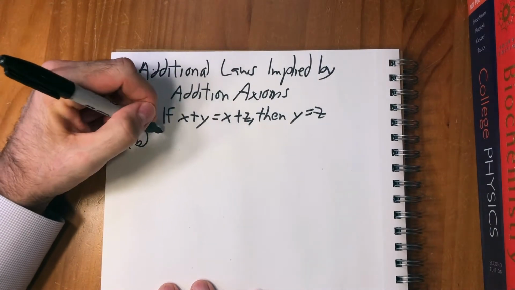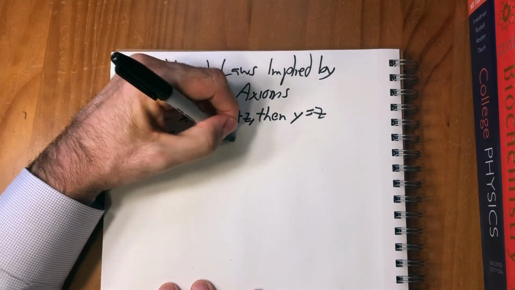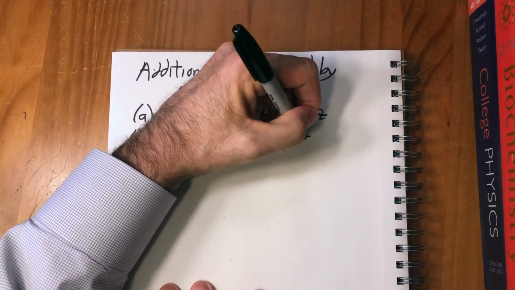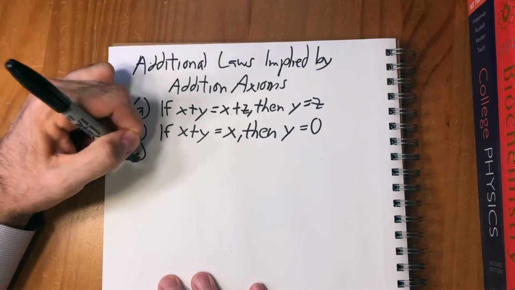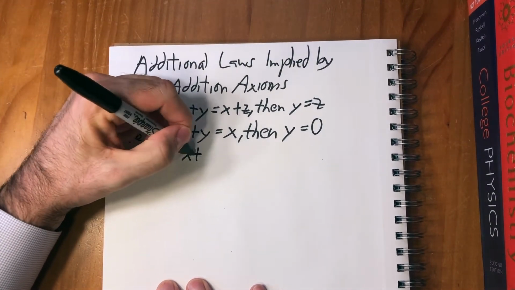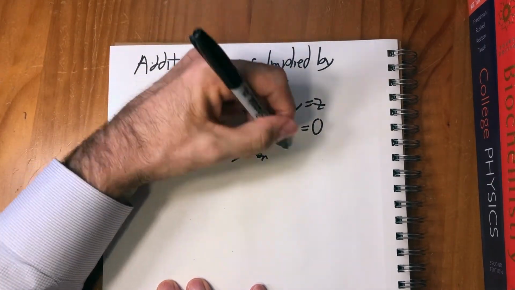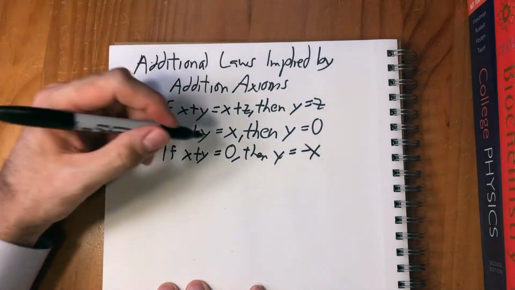And then, as I said a minute ago, B: if x plus y equals x, then y must equal 0. C: if x plus y equals 0, then y equals the inverse of x.